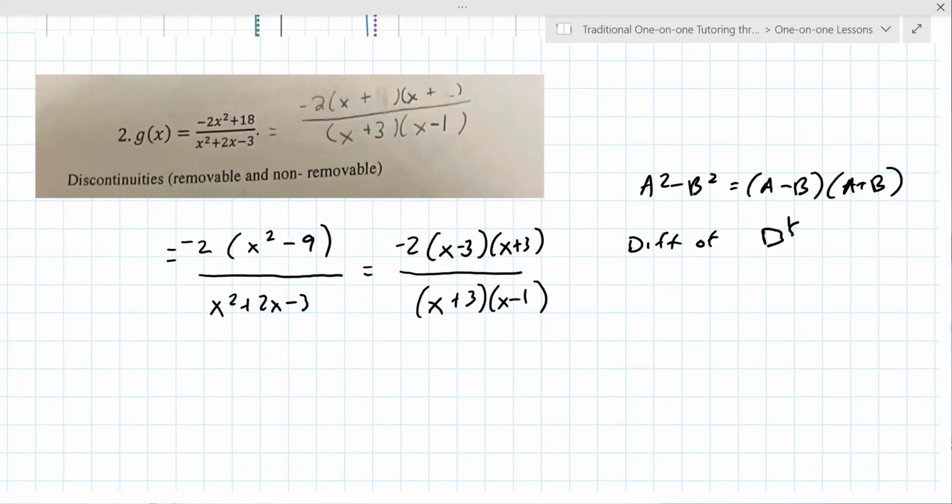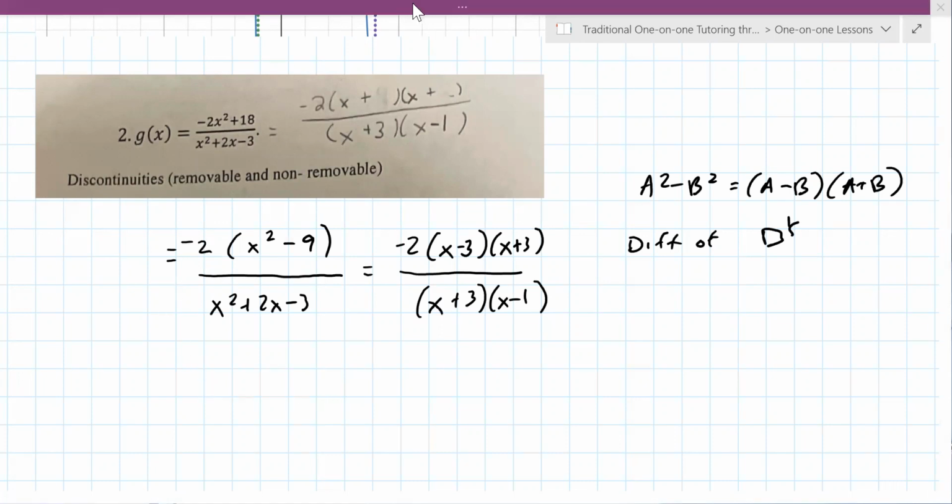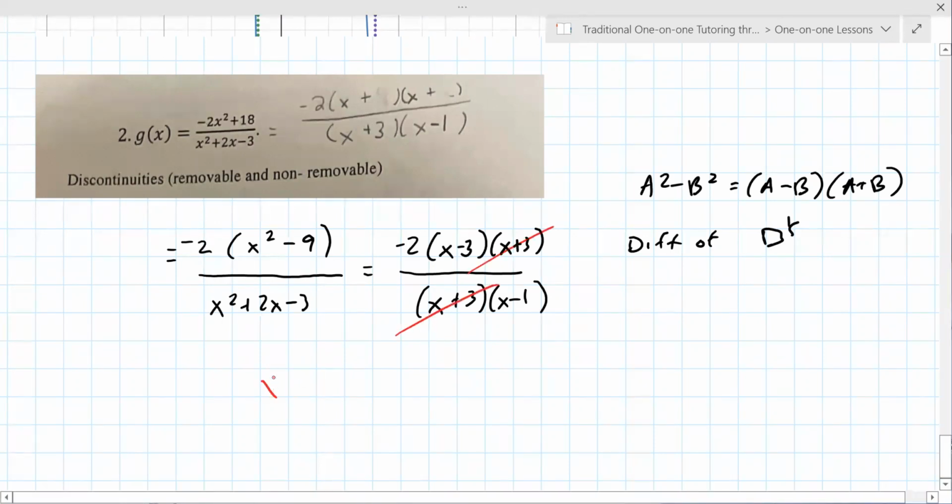Okay, now we look next at holes, and holes are where anything cancels. So there's a hole at x plus 3 equal to 0, and you need both the x and the y.